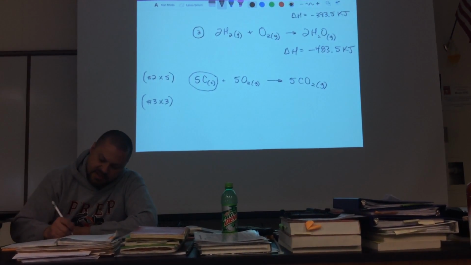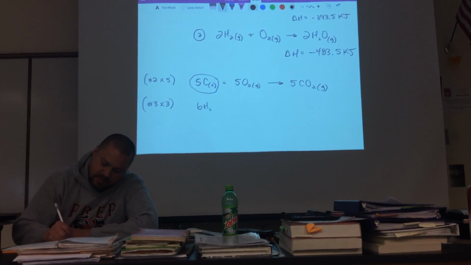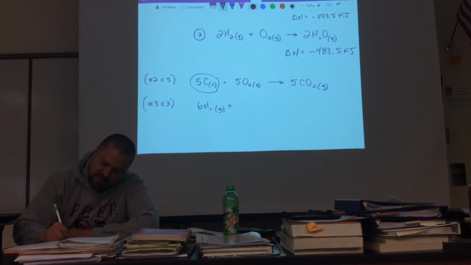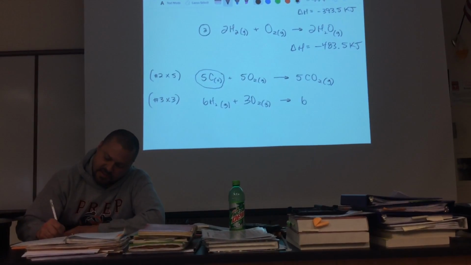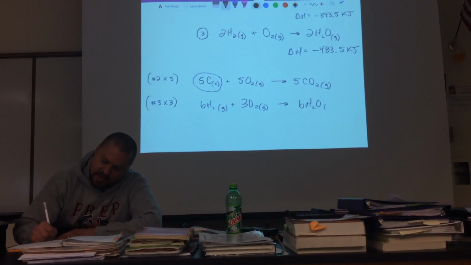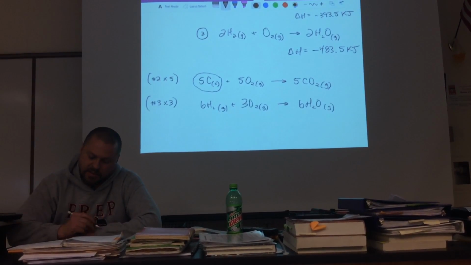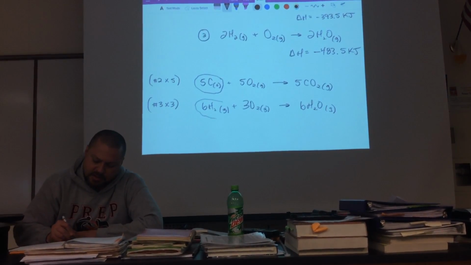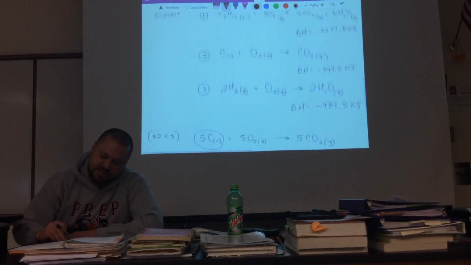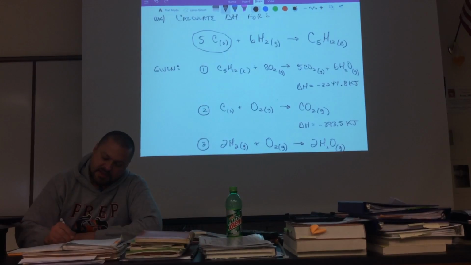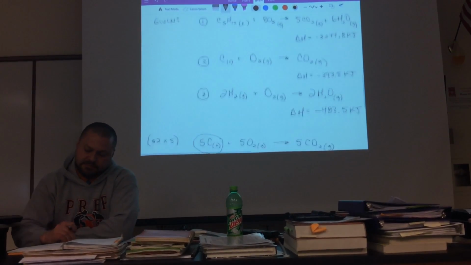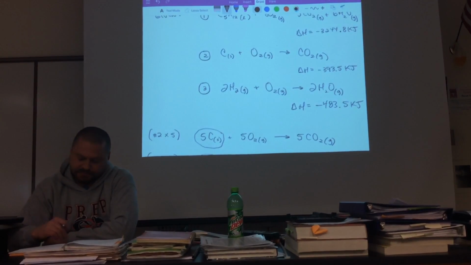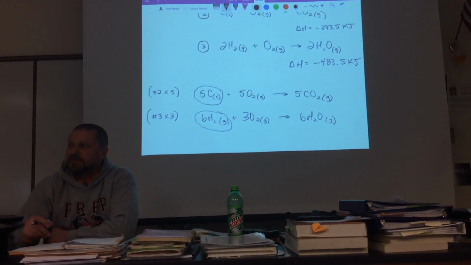So that's going to make us 6H2 gas plus 3O2 gas yields 6H2O gas. And the whole reason I did that was to bring in this 6H2 gas to match this 6H2 gas. Yep. So do they have to be on matching sides then? Yes. Yes.